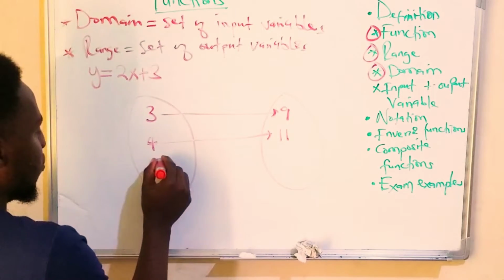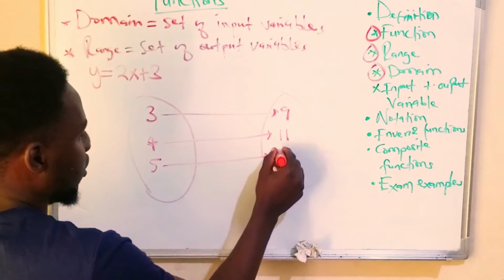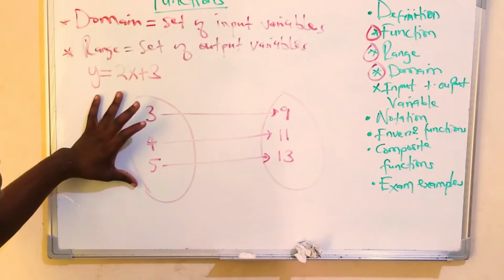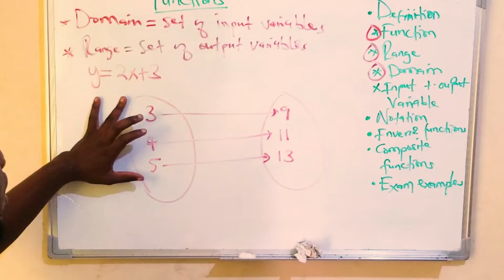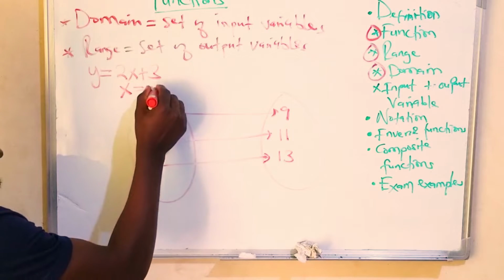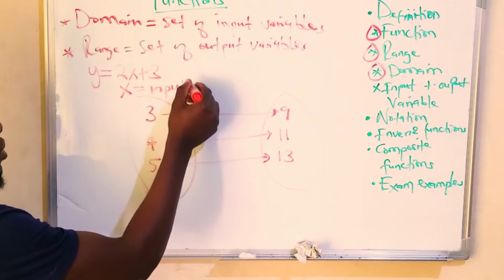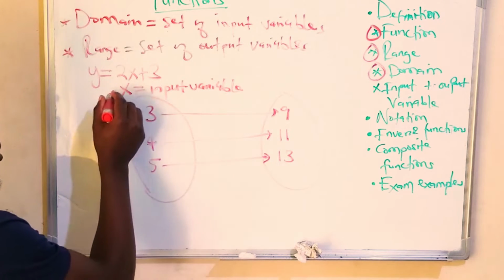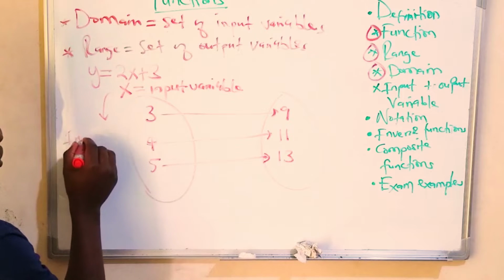When you take x to be 5, you have y to be 13. Now we said these values that are here are for x. x in this case is our input variable or our independent variable.